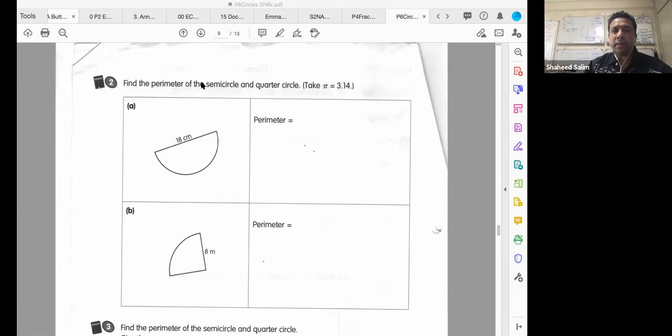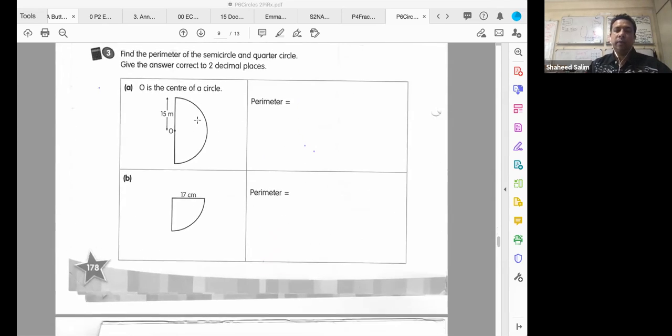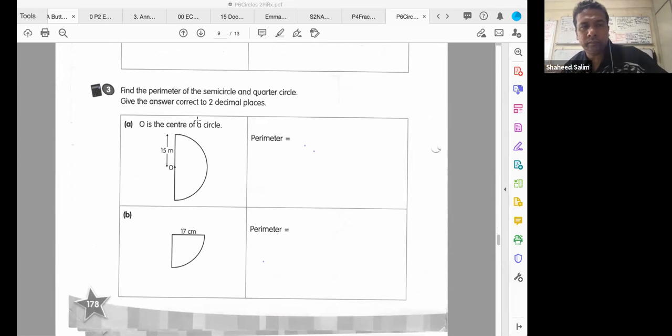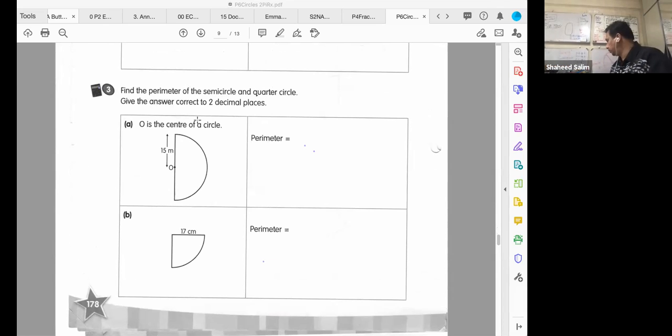So now they say semicircle. Semi means half. Quarter circle is like that. Okay. Can you try this one? Again, it's a similar thing. Once you can do it, it's okay. But we need to practice. For maths, you need to practice.